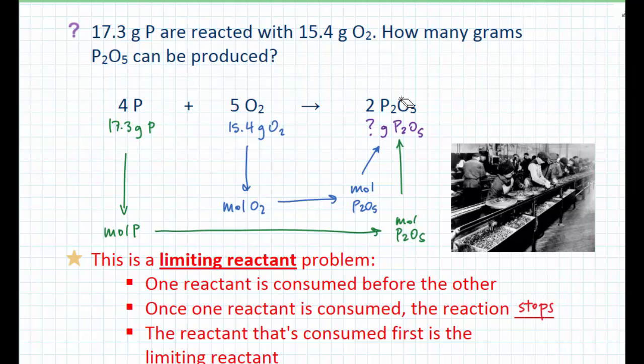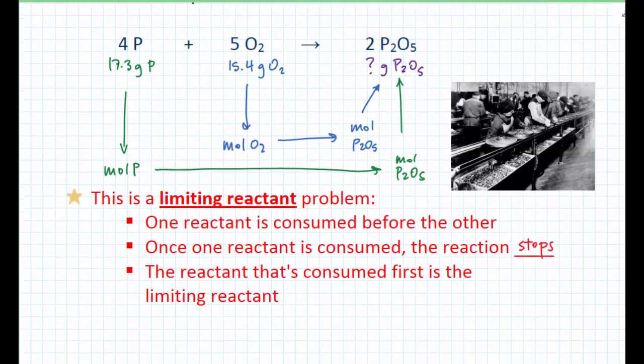So it turns out that whichever of these ingredients, the phosphorus and the O2, runs out first, whichever one is consumed first, we call that the limiting reactant, and that's actually what determines how much product we can make, because as soon as any one of the reactants runs out, the reaction stops, and the amount of product that we have there is the maximum that we can possibly get.